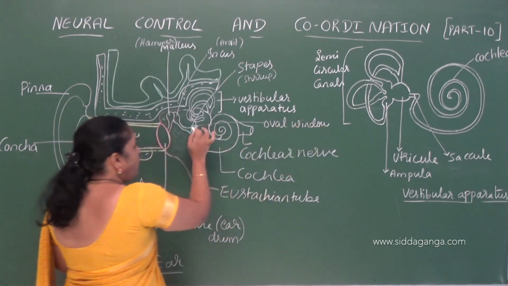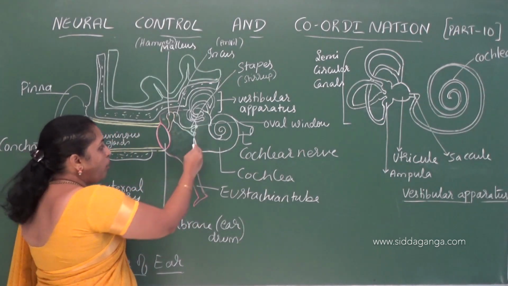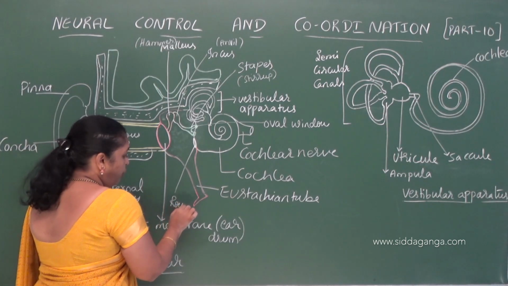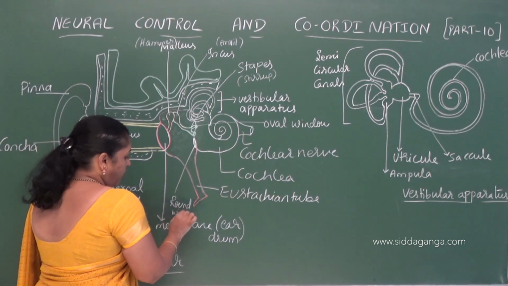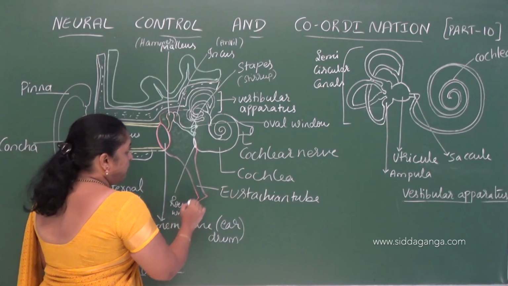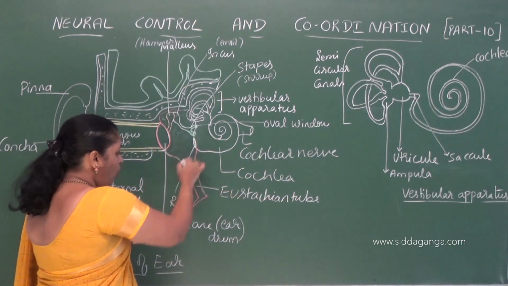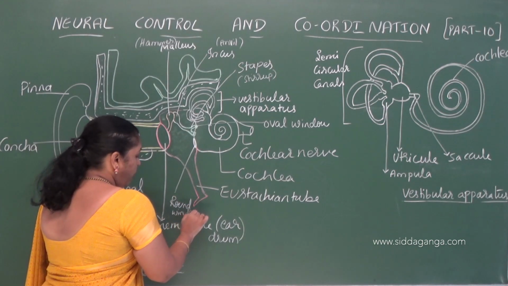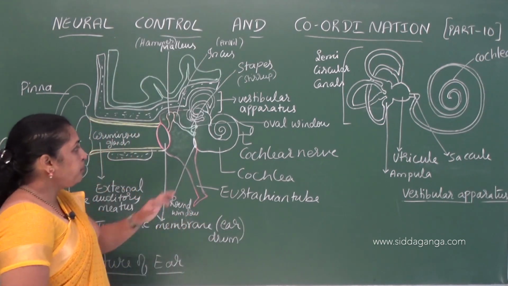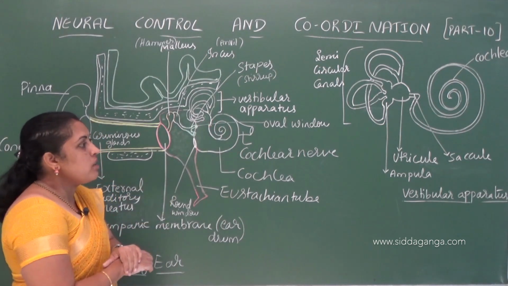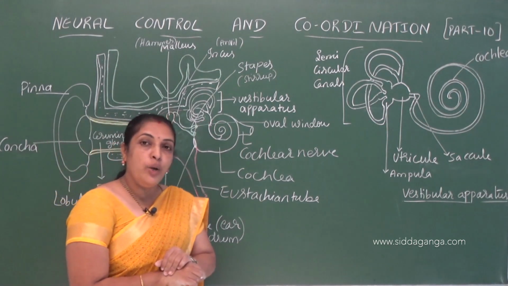We have two windows in the inner ear. One is the oval window, another one is the round window. The oval window is also called fenestra ovalis. The round window is also called fenestra rotundus. The inner ear contains a membranous part and a bony part.